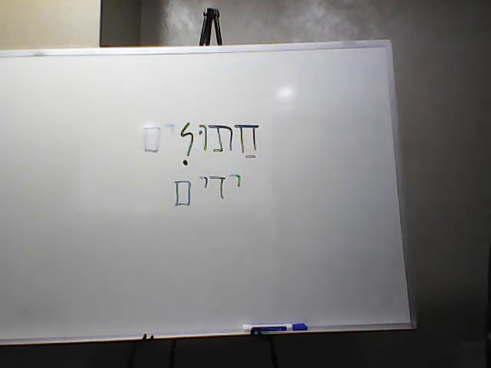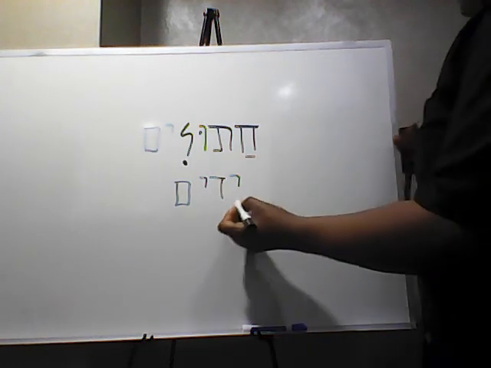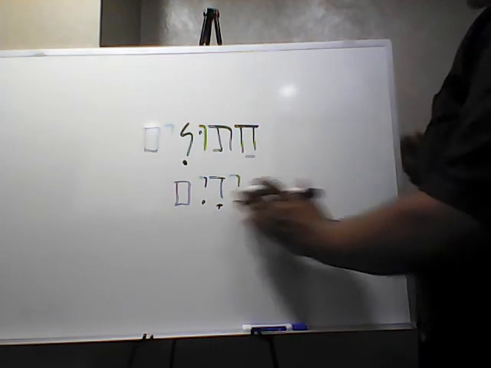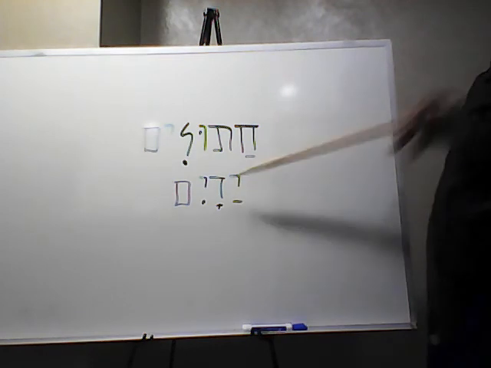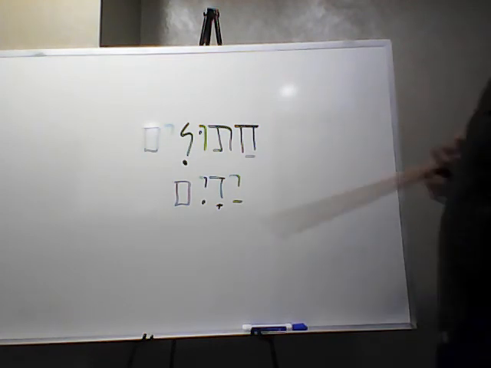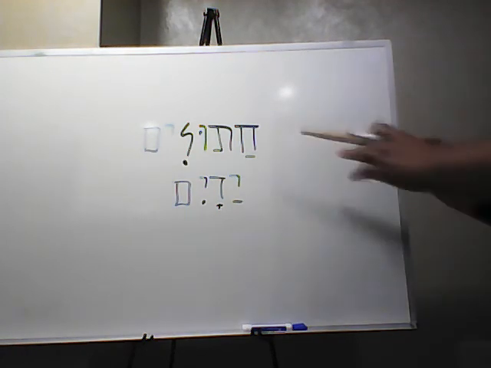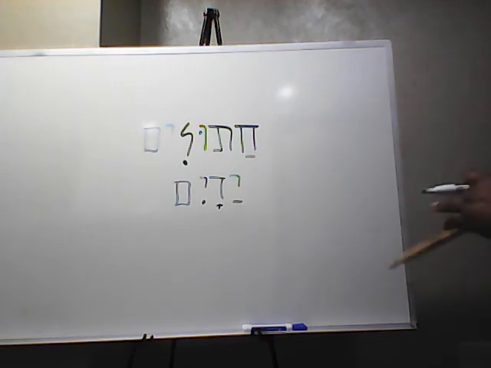Here we have the word yadayim. Yad means hand. Yadayim means hands, or two hands. Why do we want to deal with these two words in this manner?